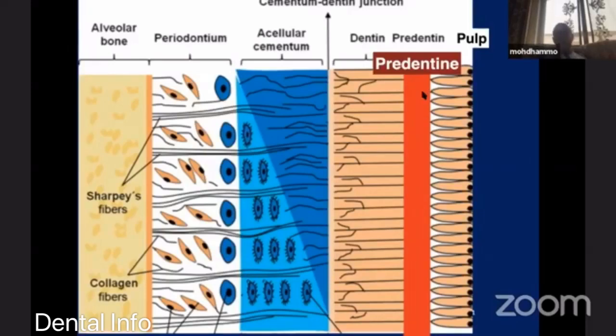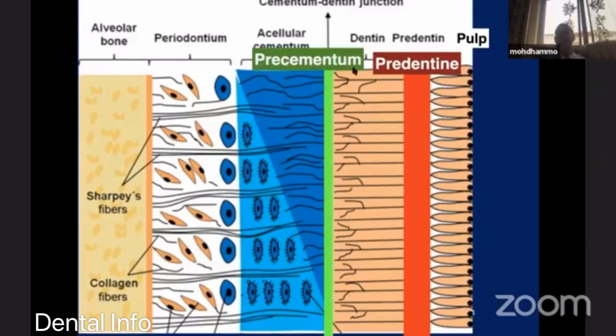And the second layer is between the dentin and the cementum, and it's called pre-cementum, and it is also non-mineralized. Please remember those two layers because they are the most important layers which will protect the dentin from resorption.